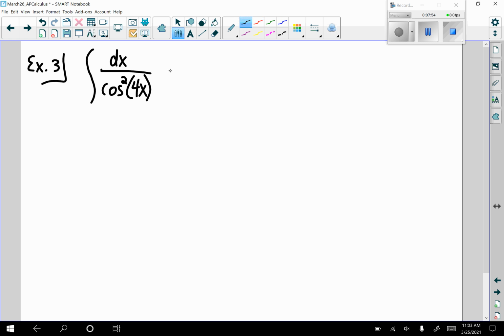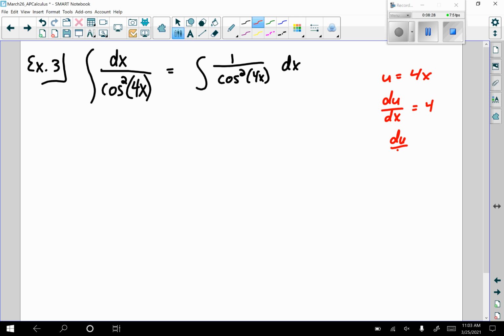Another example. Again, we can rewrite this as the integral of 1 over cosine squared of 4x dx. Now let's try u substitution, and usually it's just the quantity that's right here, so we're just going to let u equal 4x, and then du over dx is just going to equal 4, and I can switch those around, so du over 4 is equal to dx.